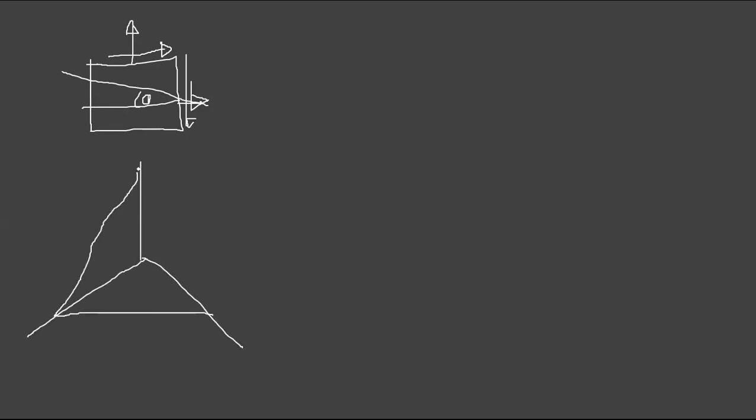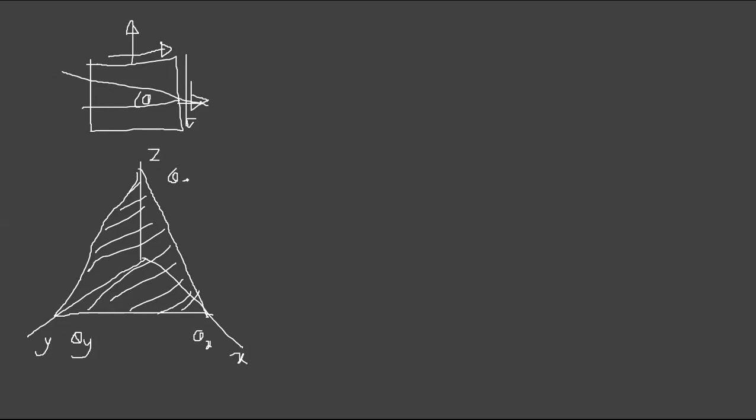In this case, you will have something like a tetrahedron. Say this is the plane you take. With the x-axis, this plane makes an angle theta x; with the y-axis, theta y; and with the z-axis, theta z.